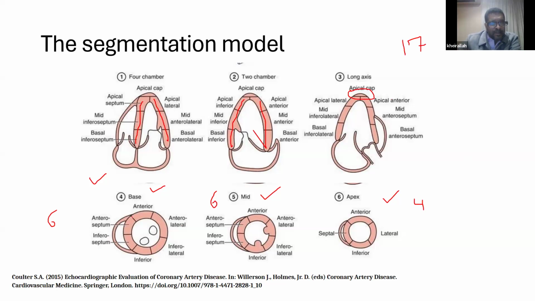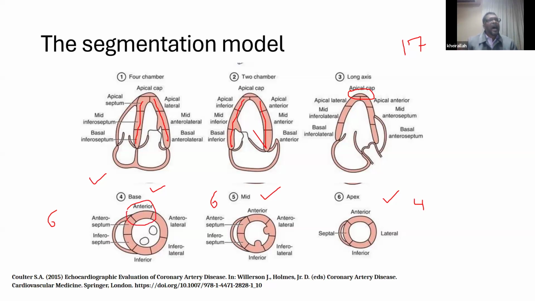So again, let's revise this one here. Anterior segment, anterolateral, inferolateral, inferior, inferior septum, anterior septum. The same in the mid cavity. While when we come to the apex, we just have anterior, lateral, inferior, and septal. Okay? So how do you describe the segment? Like if I get this one here, there is hypokinesis in this one. How do you describe it?